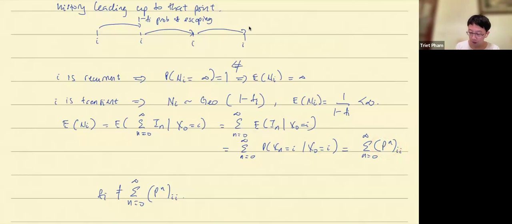Basically, what it means is, if you visit state i in 10 steps, the event that you visit state i in 10 steps and the event that you visit state i in 8 steps, these two events are not mutually exclusive, because they could have a non-empty intersection.